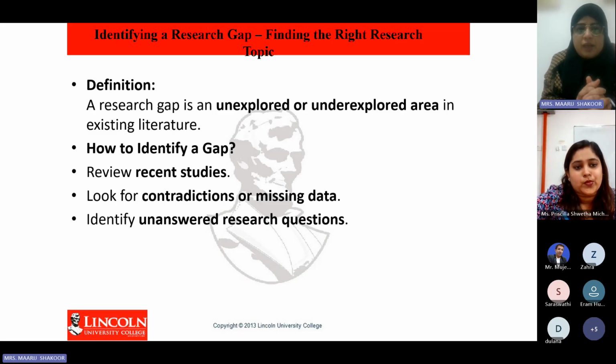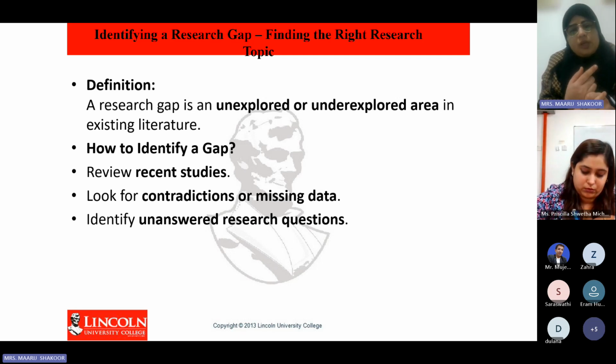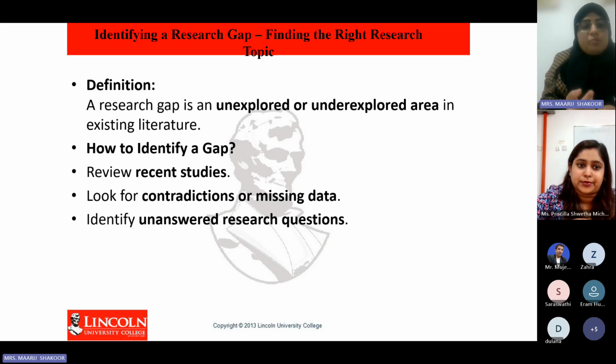How to identify a gap? Yes, review recent studies. This is very important. You have to read many articles. You have to read a lot. If you are not going to read, you are unable to write a good proposal. Look for contradictions or missing data. If you find any contradiction, like he said this, I can work on this.